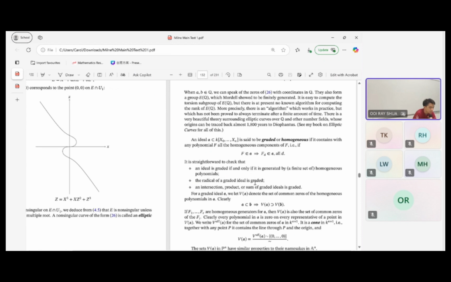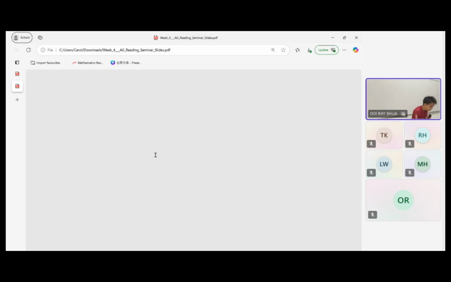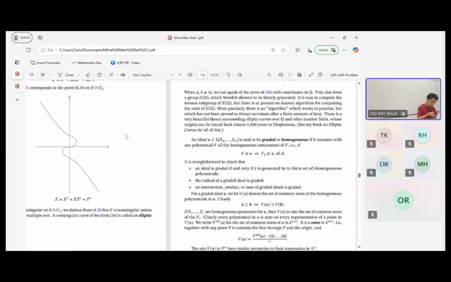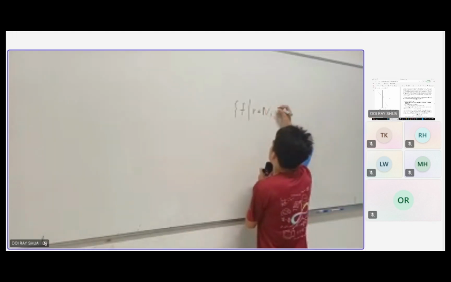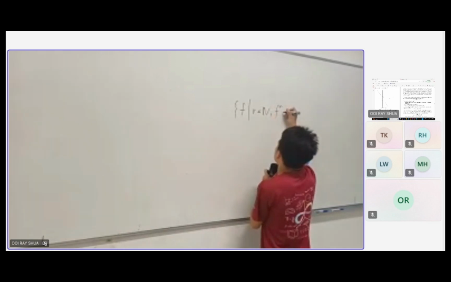So if the original radical ideal is graded, writing out the definition, F, and then for R and N and so on, then FR is inside that ideal.